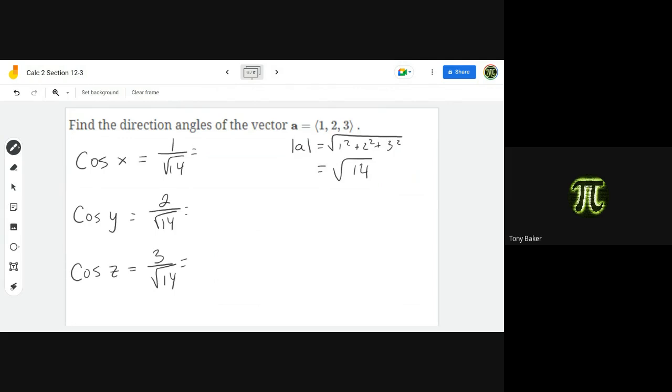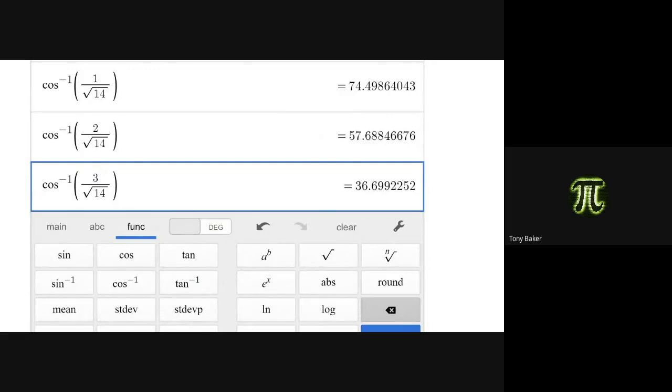And then 2 and 3. So we get 74.49 or 70.5, 57.7, and 36.7 degrees.